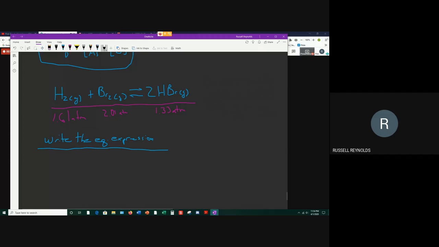Since these are gases, we're going to use Kp, and we're going to say Kp is equal to products over reactants. Our product in this case is HBr, so we're going to have that on top, and it's going to be raised to the second power because the coefficient in front of HBr is a 2.